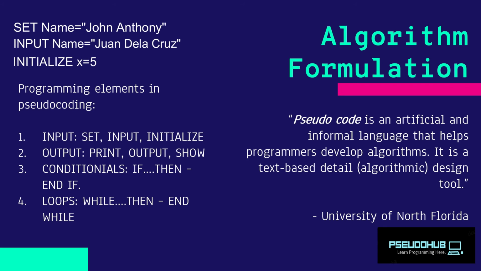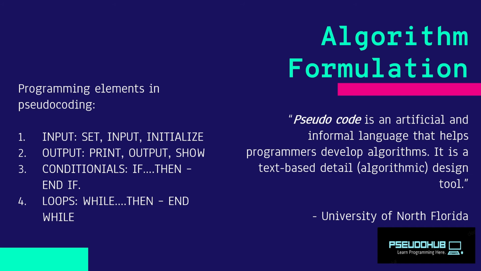Initialize x equals 5. And then output, if you display data. For example, print name or something like that, or output data, or show results.